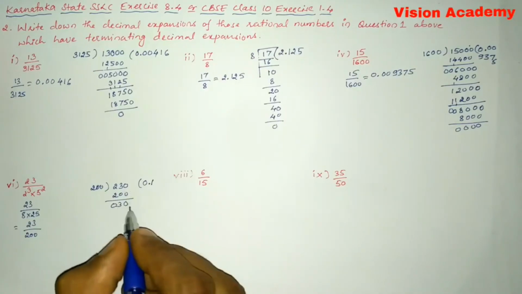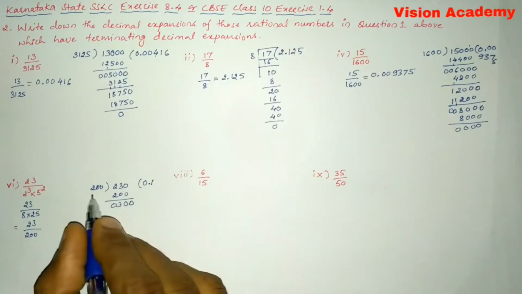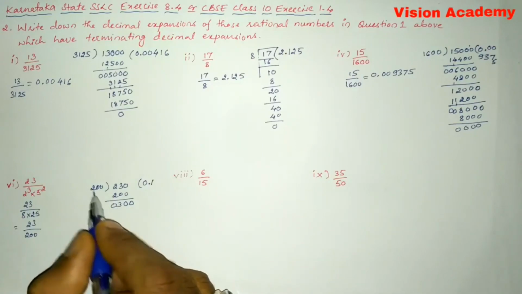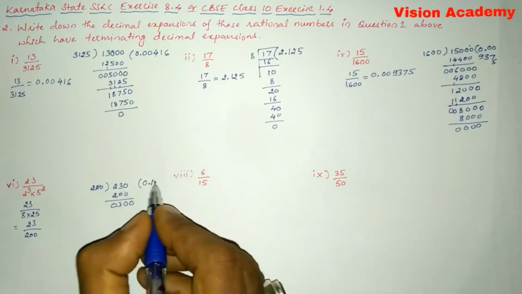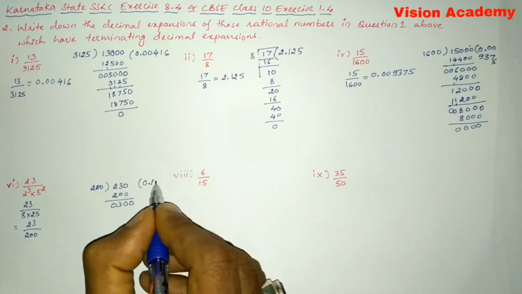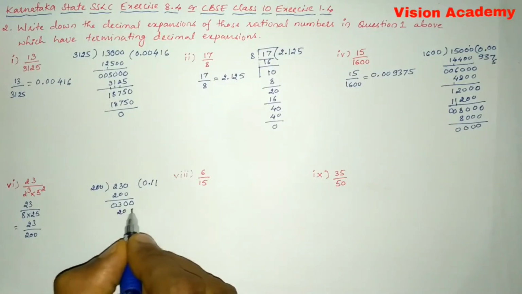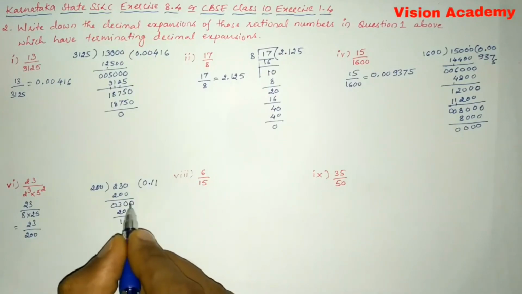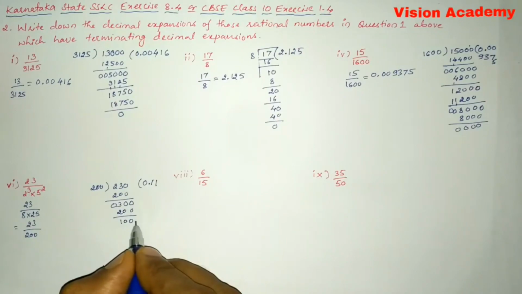We got 30. 30 is less than 200. Let us take one more 0. 300 is greater than 200. So it is easy for us to divide 300 by 200. So now let us divide once again 300 by 200 ones. So here it will become again 200. Now we remain with 100, because 0 minus 0, 0 minus 0, 3 minus 2 is 1. Now let us take one more 0.